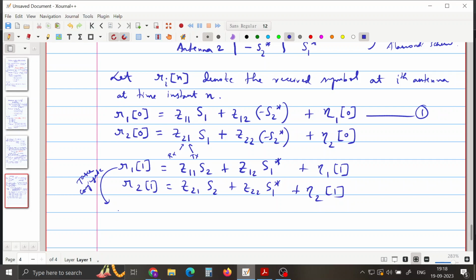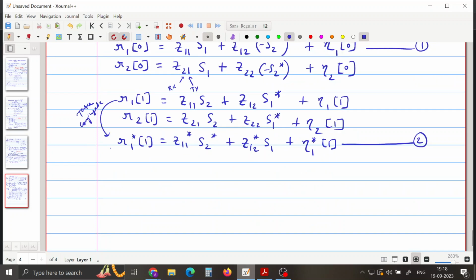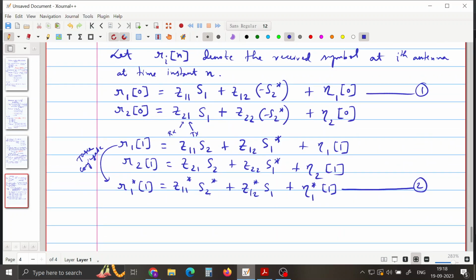That will give me R1 star of 1, which is equal to Z11 star S2 star plus Z12 star S1 plus eta 1 star of 1. I will call this equation 2.